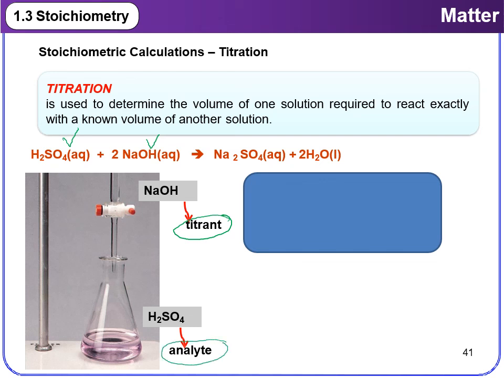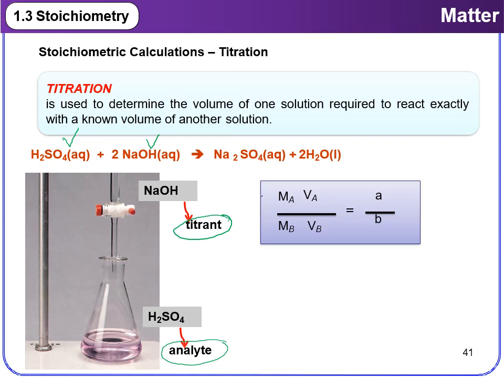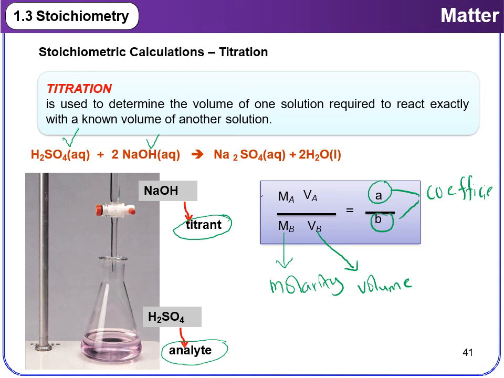Okay, so the formula that we always use to do the calculation for titration is MAVA over MBVB equals A over B. I think there is no problem for you to understand. M is molarity, while V is the volume. A and B are the coefficients in the balanced chemical equation.